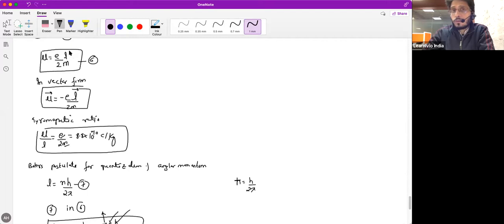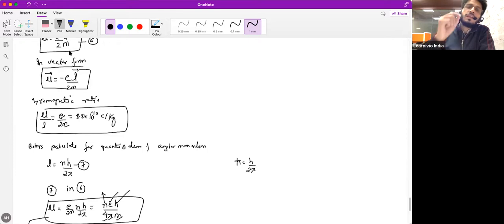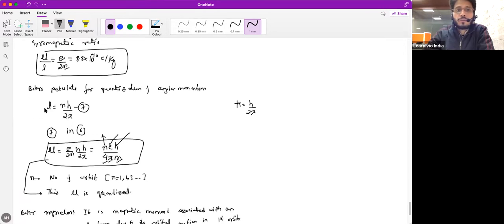But this angular momentum of electrons can be calculated using Bohr's model of atomic structure. Bohr gave some postulates. One of those postulates was if an electron is revolving in some orbit, the angular momentum of the electron should be quantized. The angular momentum should have fixed values. So you can say that angular momentum is an integral multiple of h by 2 pi.